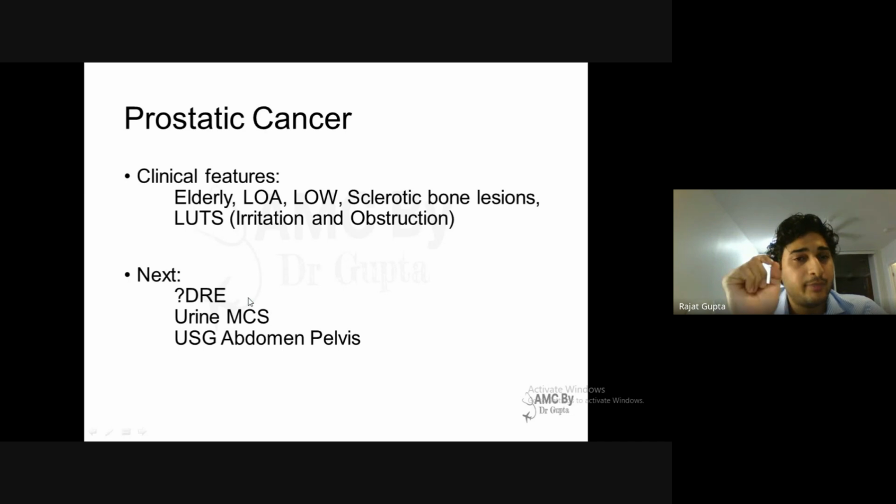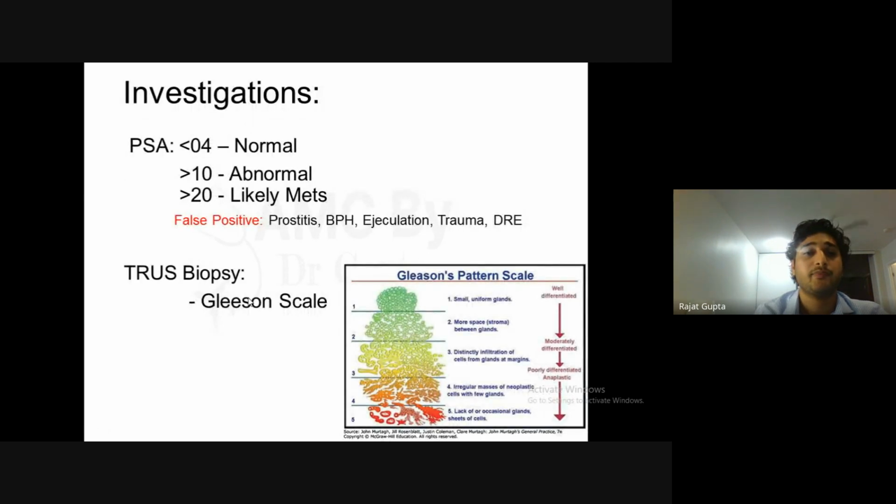In BPH, benign prostatic hyperplasia, the inner lobes are grown, so we palpate that on DRE better. Cancer is less likely to be palpated, but if it is palpated, there are some clinical features I'll be discussing later. So yes, the next test we can go for urinary MCS, USG abdomen, PSA, etc.